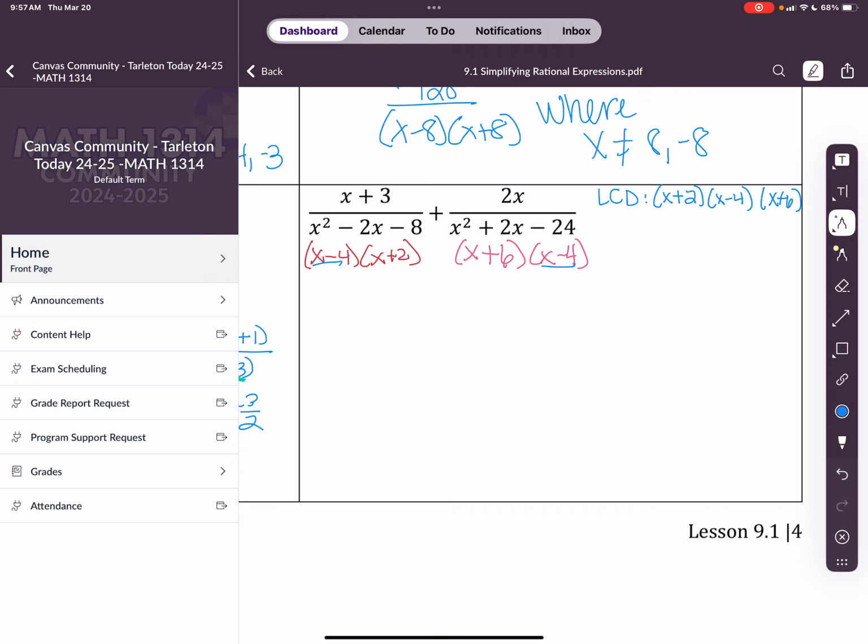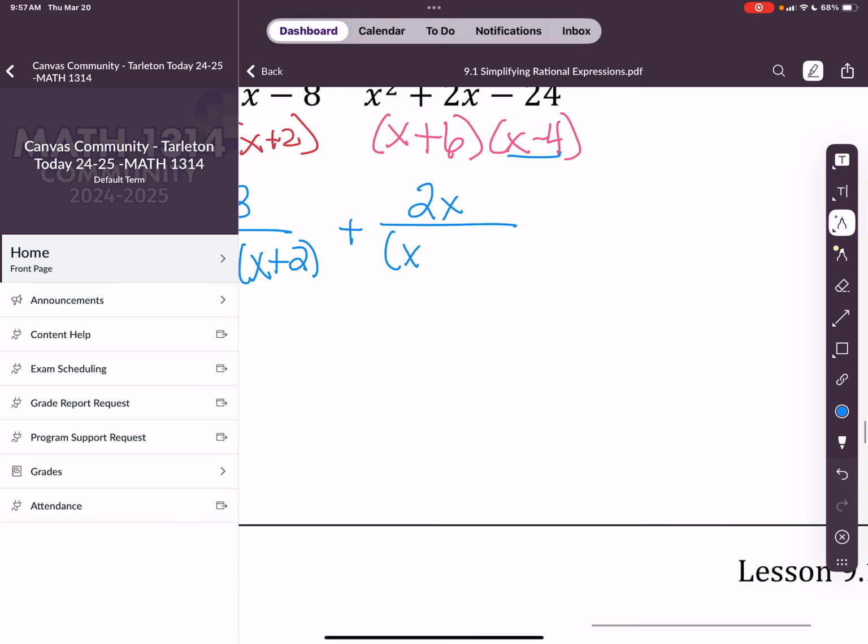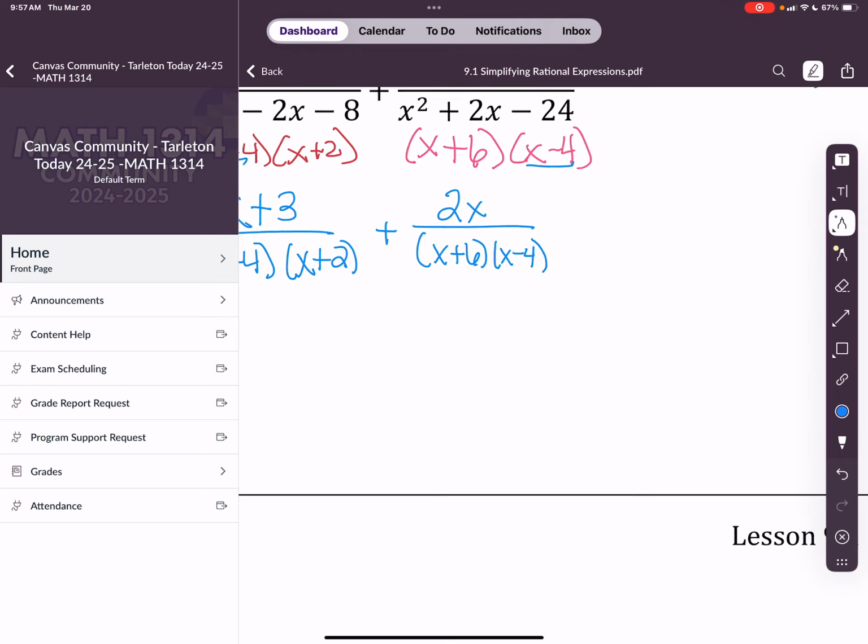All right, so I'm going to rewrite this for y'all with the factors. I have x plus 3 as my first fraction over x minus 4, x plus 2, plus 2x over x plus 6 times x minus 4, okay?